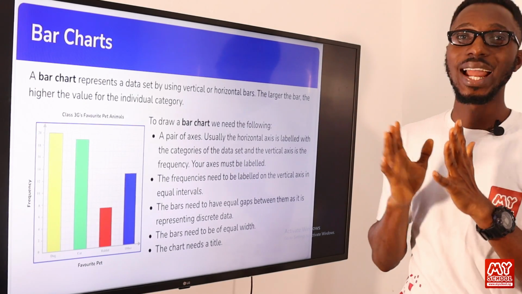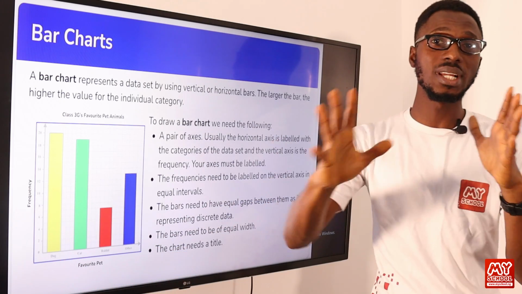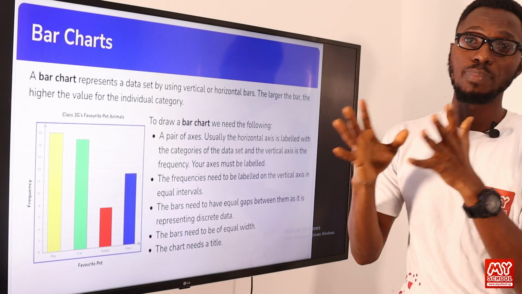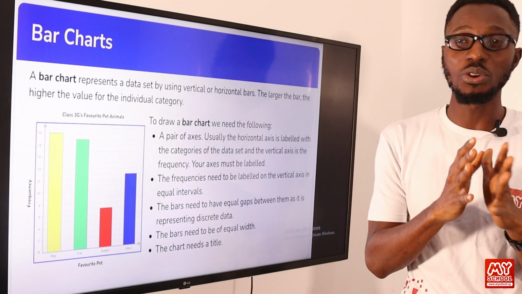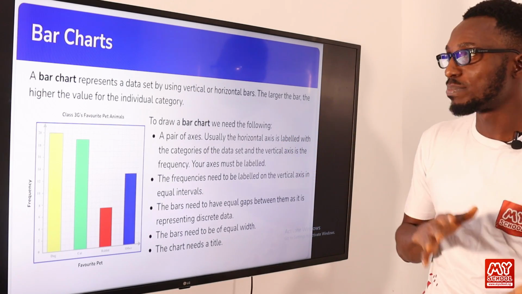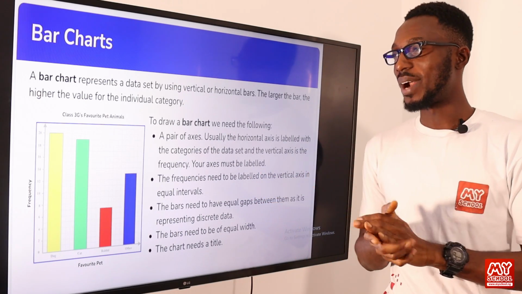Like I mentioned earlier, we can use graphs to represent or present our data, and we can also use tables. A bar chart is an example of graphical presentation of data. You can refer to this as your bar chart, bar graph, whatever your textbook or source calls it.